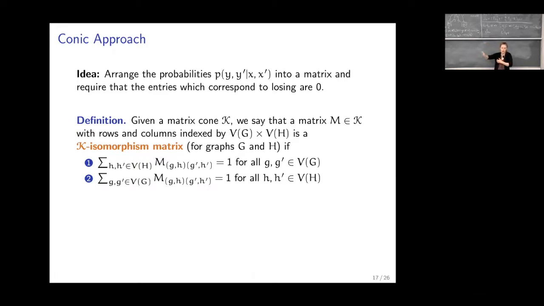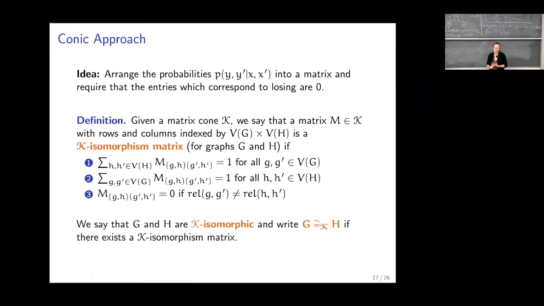But depending on the cone that we look at, they might not really be possible to be probabilities, because maybe the matrix entries in this cone can be negative. And then I'm asking that the matrix entry corresponding to losing answers is equal to 0. All right. And then I'm going to say that my 2 graphs are K isomorphic if I can find a matrix in this cone K that satisfies all these conditions.